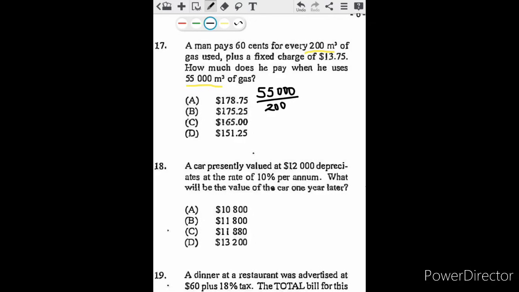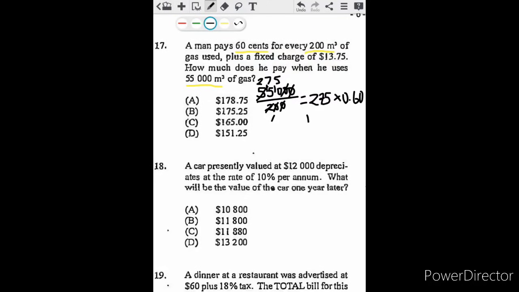So 55,000 divided by 200 gives us 275. And then that is multiplied by 60 cents, so that's 0.60.